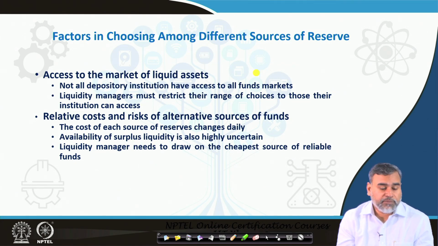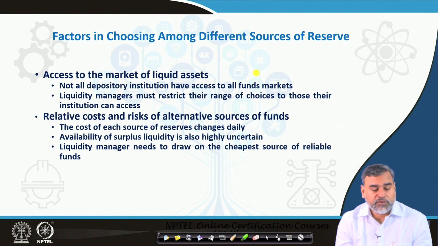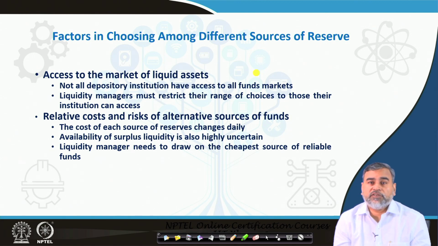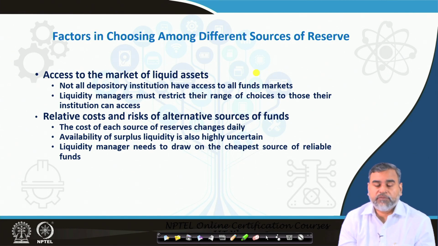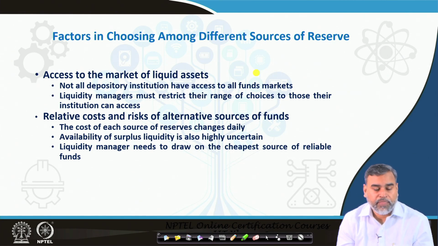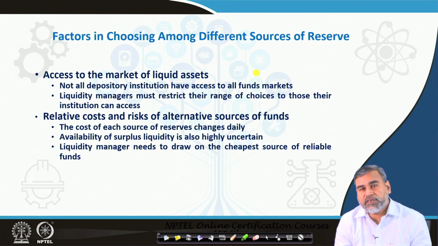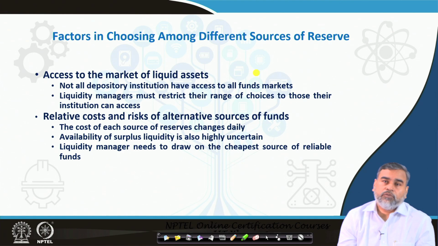Then the availability of surplus liquidity is also highly uncertain, that is, how much liquidity the bank can create at a particular point of time is very uncertain, and how this can be realized with the given infrastructure at a particular point of time. Then the liquidity manager needs to draw on the cheapest source of reliable funds: which fund is the cheapest and what is that source.